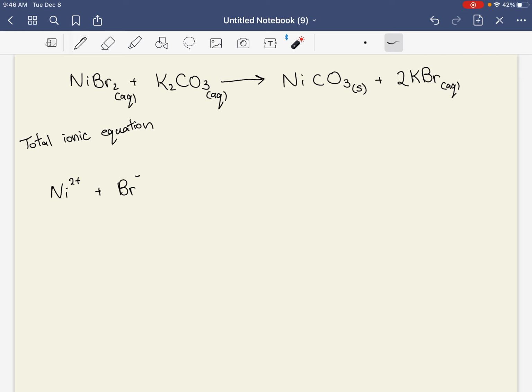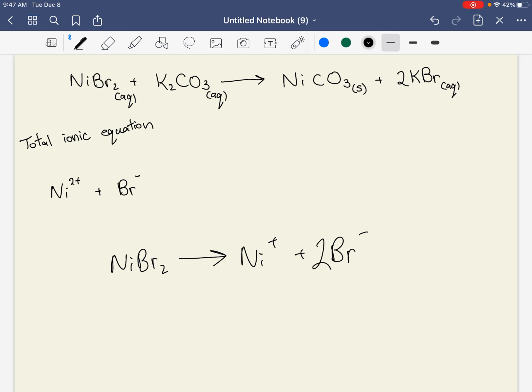It has to be balanced, right? Because NiBr2, if it were to break up, will give you Ni plus Br minus. But if you can see, Br is not balanced. You have to put a 2 there, stating the fact that when NiBr2 breaks apart, you get 1 Ni and you get 2 Br, as in Ni 2 plus and Br minus. There's a difference between an ion and this neutral state. Big difference. So make sure you put a 2 there, okay?